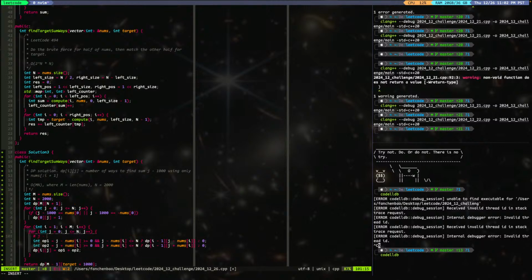Here, j minus nums[i] derives from j minus 1000 minus nums[i] plus 1000.